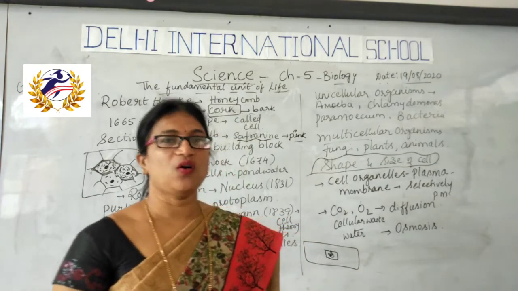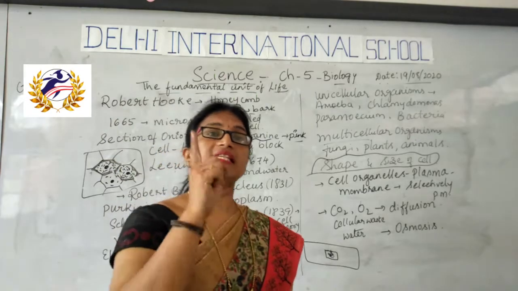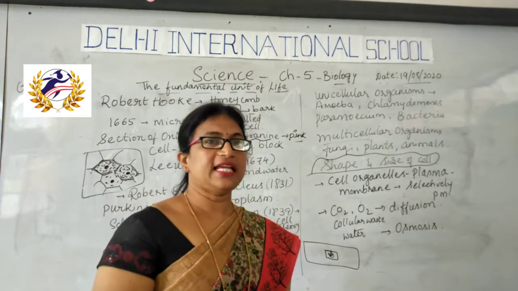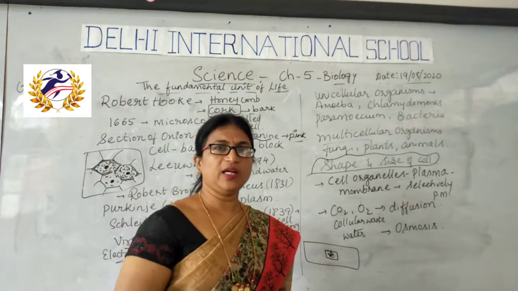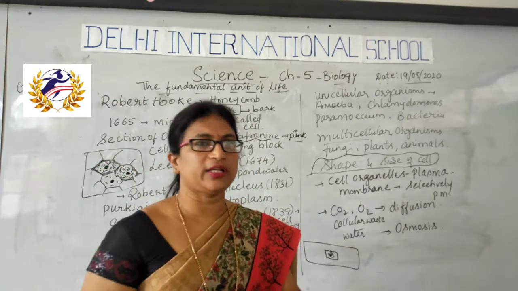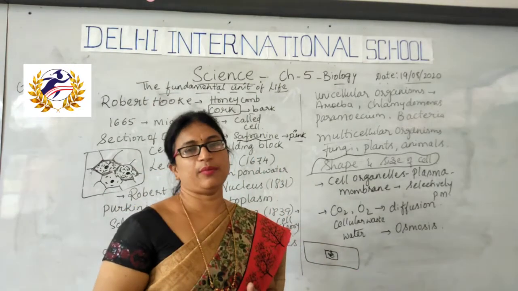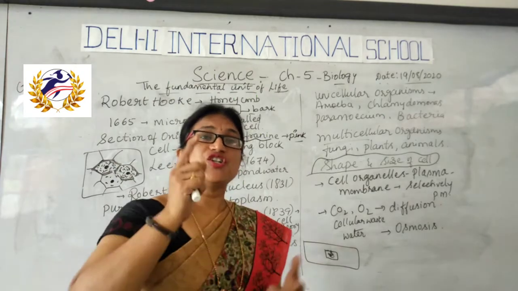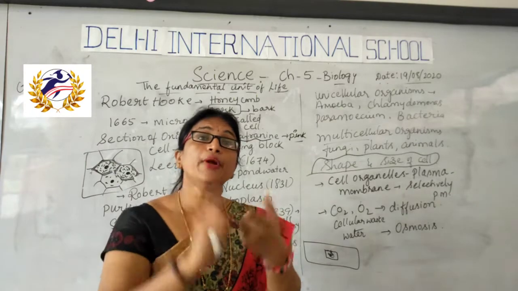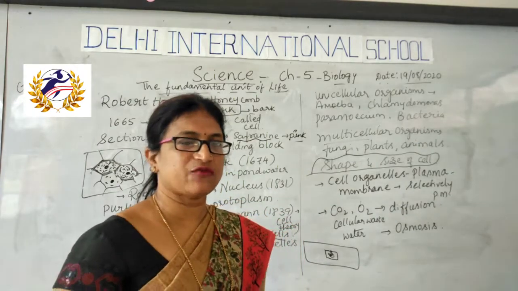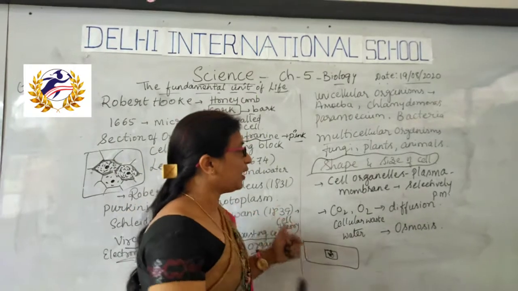No. The number of cells may vary, but the size of the cells is the same in all living organisms. The size of the cell does not vary from organism to organism, whether it is a big or a small animal. Only the shape of the cell varies, and the number of cells varies from one animal to another.